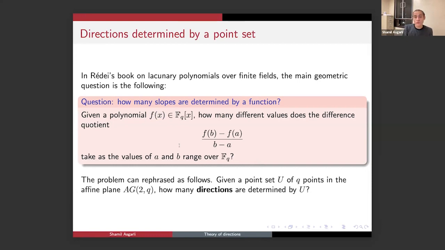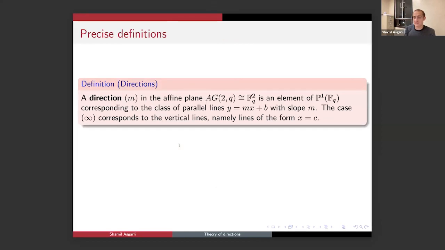Now, I want to describe in a bit more precise detail what I mean by directions. So we should make it precise, and here's a precise definition. A direction is going to be denoted by parentheses and m. So a direction in the affine plane AG(2,q), which can be identified with just F_q squared, is an element of the projective line. So it can be thought of as an element of P^1(F_q) corresponding to the class of parallel lines with slope m.